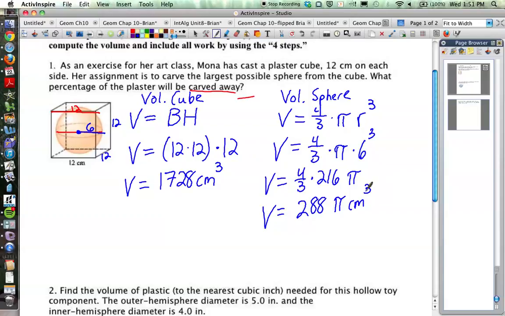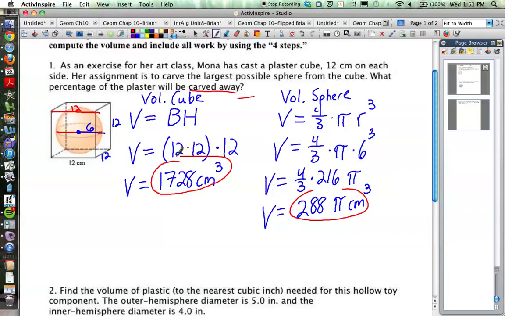All right, so let's make our calculation now for the amount that we're going to be carving away. As we said, we're going to be subtracting the volume of the sphere from the volume of the cube. We'll be subtracting these two numbers to get the amount that is being carved away. Let's do that on the bottom here.